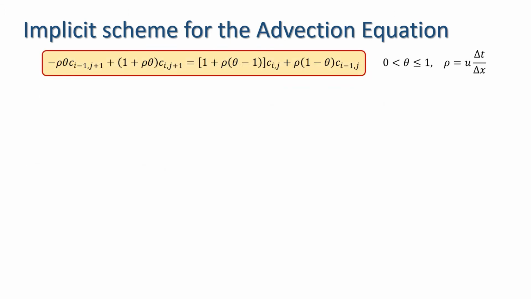Now, if we write a equals minus rho theta and b equals 1 plus rho theta, then once we've chosen our numerical parameters, a and b will be constant.